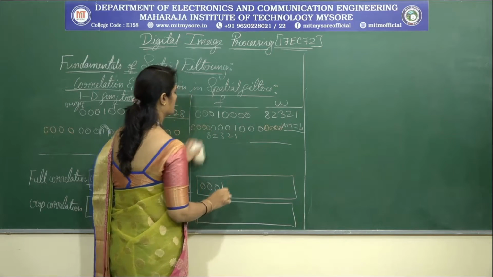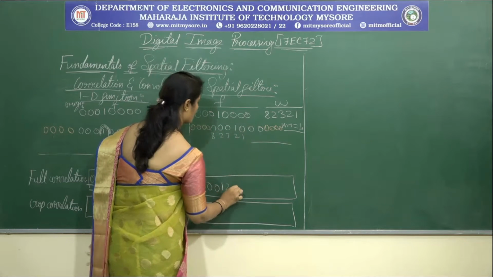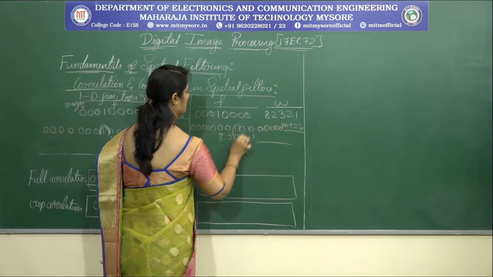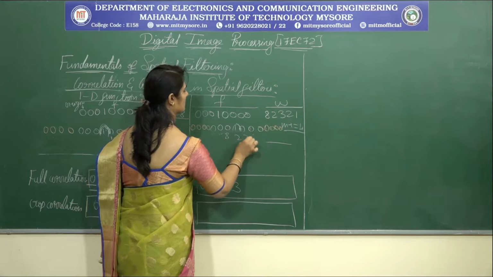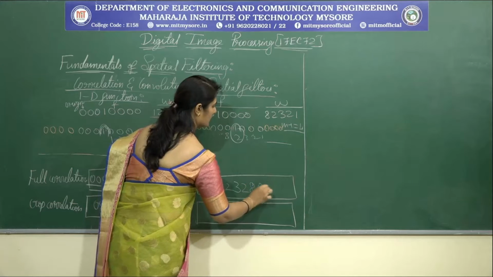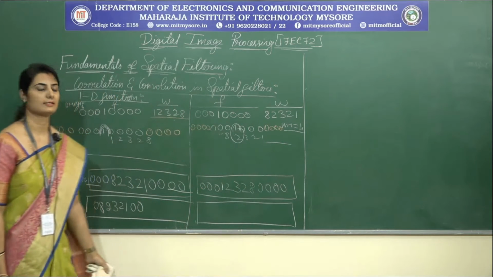So it is 1. Shifting it one bit. It is 2. Shifting it one bit. It is 3. Shifting it one bit. It is 2. So like that we will get this result.